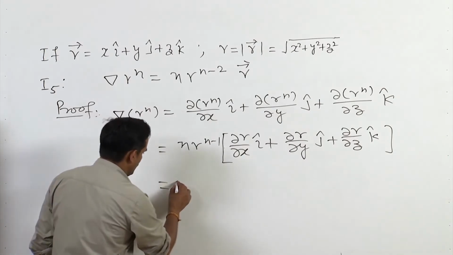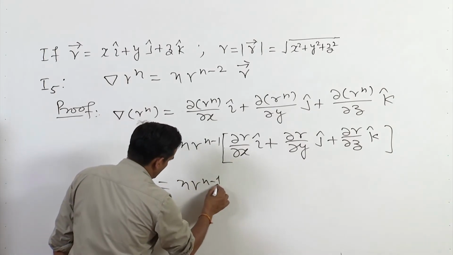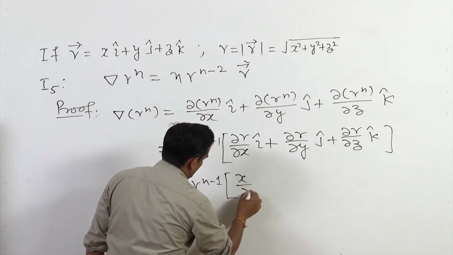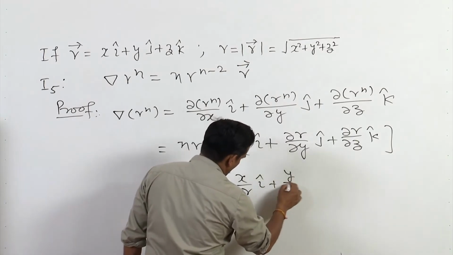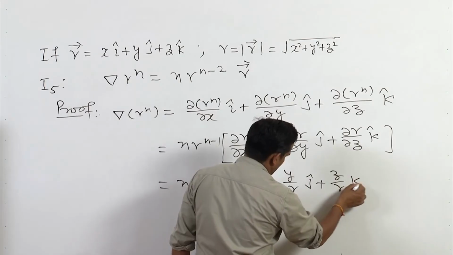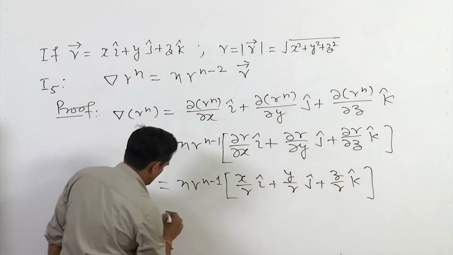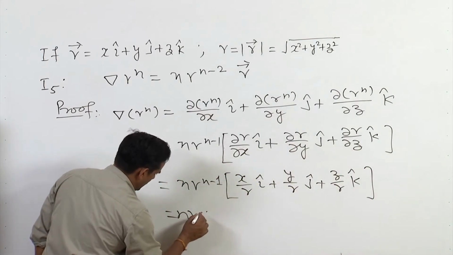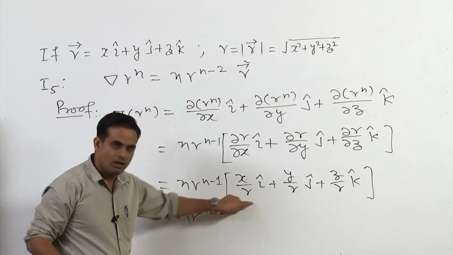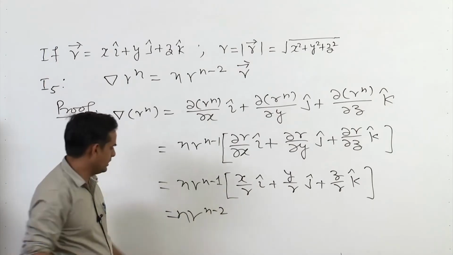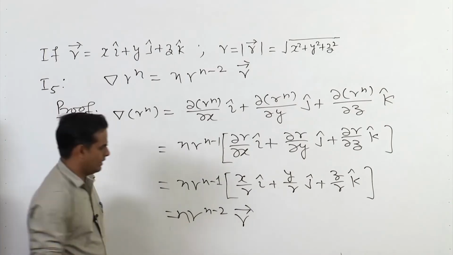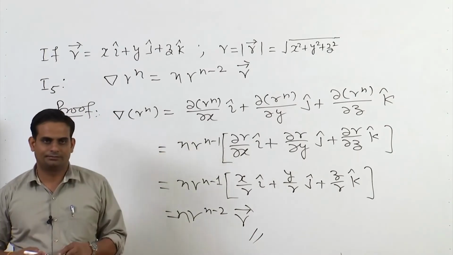Again, the same process which you have done in the previous 3 cases: del r over del x becomes x upon r, y upon r j plus z upon r k, and this is nothing but n times r raised to power n minus 2, because n minus 1 is here and 1 upon r we have taken out, into vector r, and that is the end of this proof.